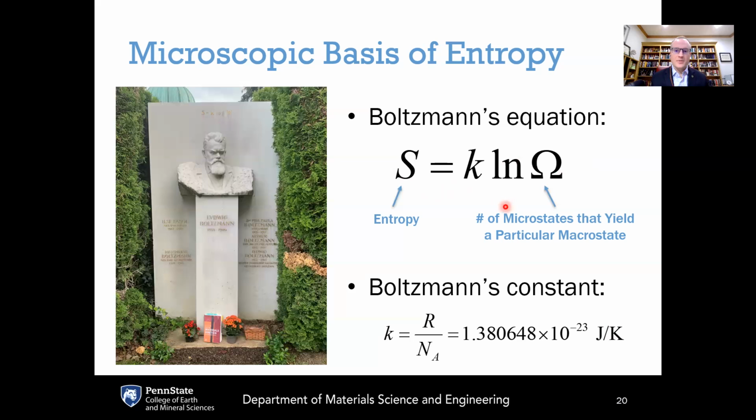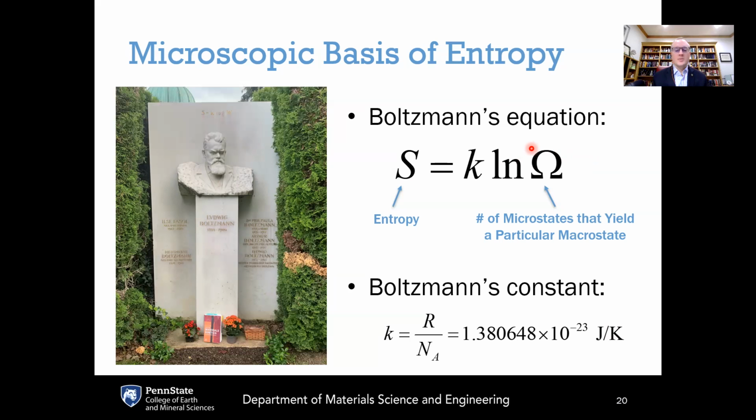The second law of thermodynamics is valid because the universe is tending towards macrostates that have a greater number of possible microstates. And why is that? It's simply because it's overwhelmingly probable to do so, based on the randomization of atomic velocities and the directions that things are moving.